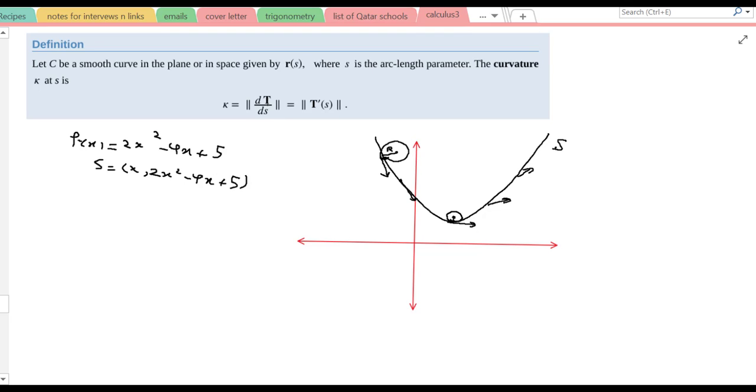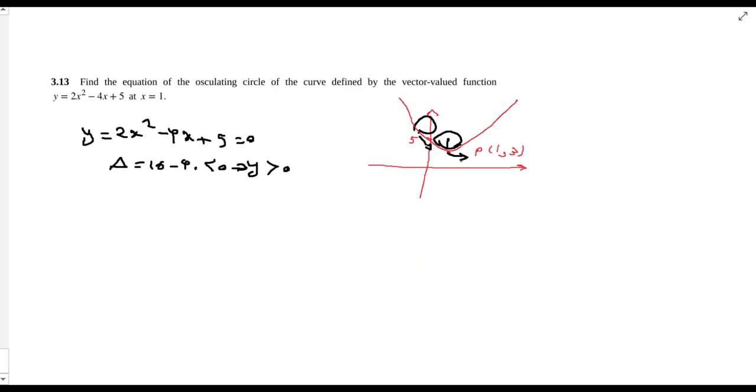The tangent vector T is the derivative of this curve, ds over dt, normalized to a unit vector by dividing by the norm, or magnitude, of ds over dt.